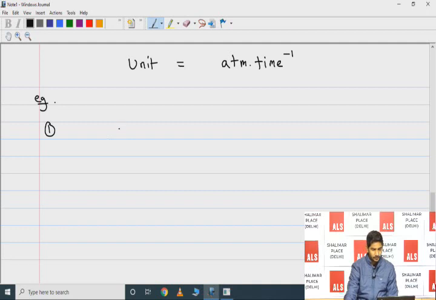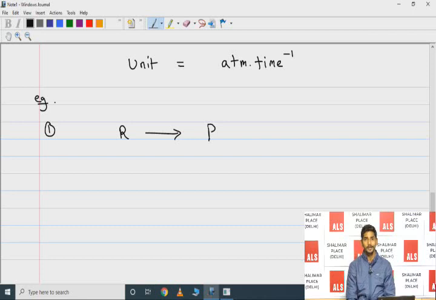I am saying that reactant R is getting converted into product P. Now try to understand it. I can say one thing, that the amount of the reactant with the passage of time will be decreasing, whereas the amount of product with time will be increasing.